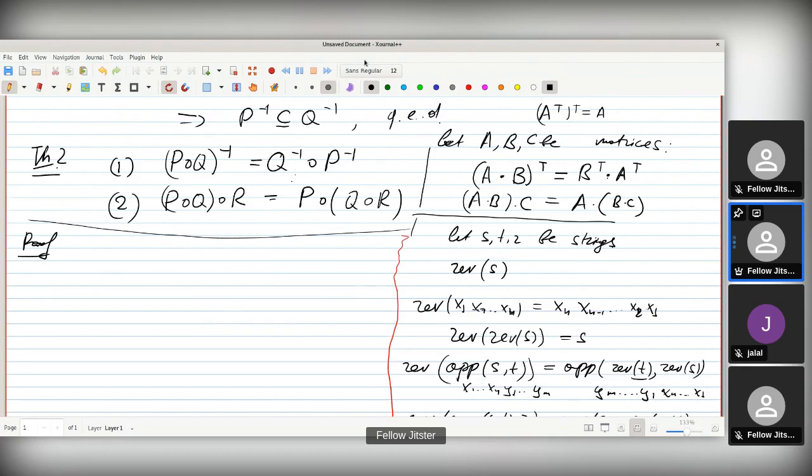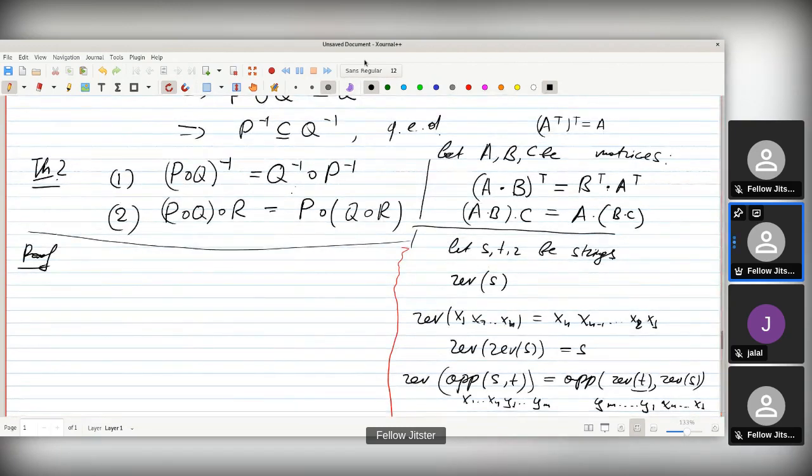I shall need a little bit more space. So for the first point, AB belongs to this composition. What does it mean?